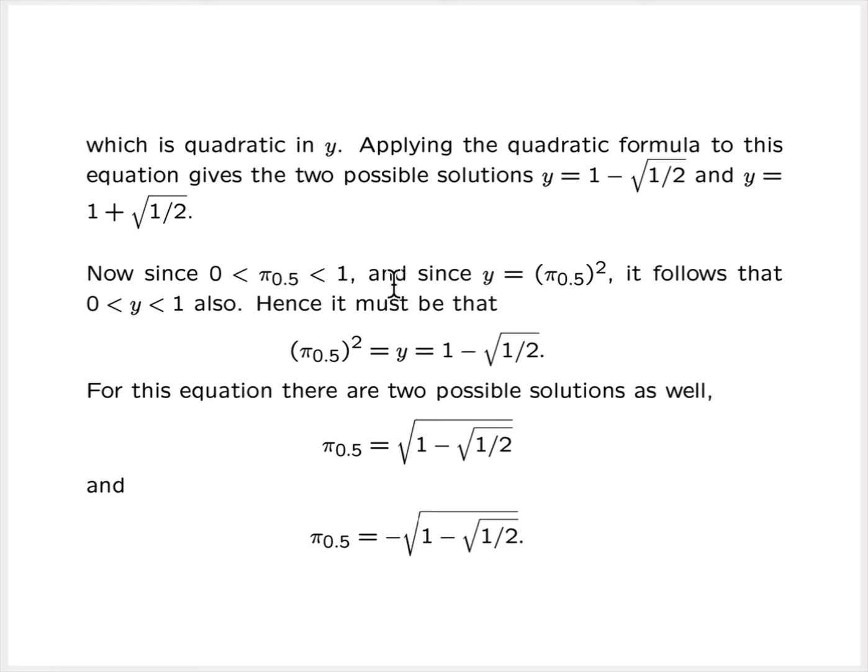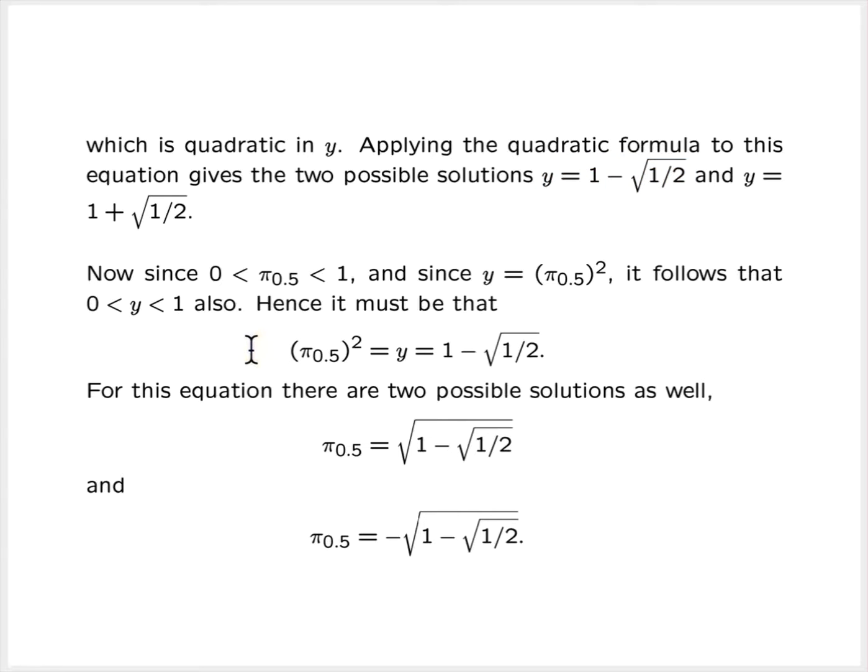And since y is the square of such a value, y has got to be between 0 and 1 as well. That precludes this potential solution as being an actual solution, and so it must be the case that this is the only solution that will work for us.